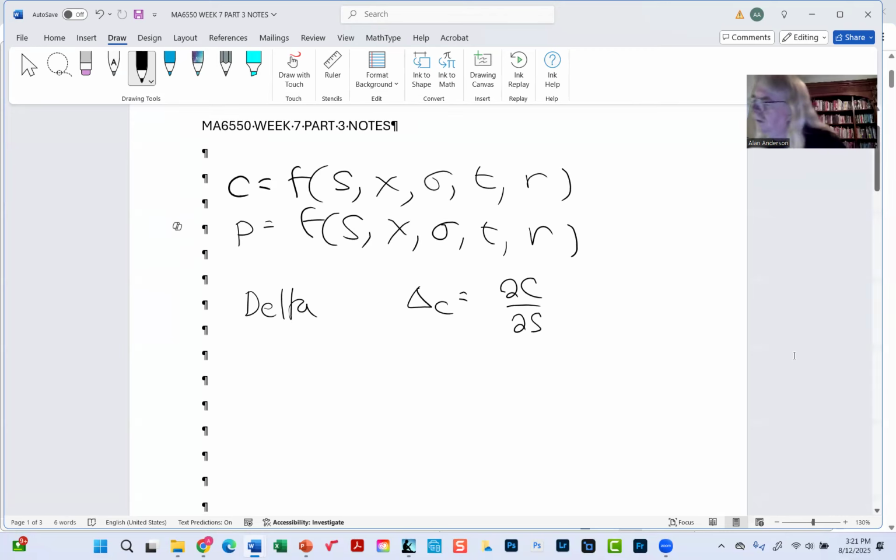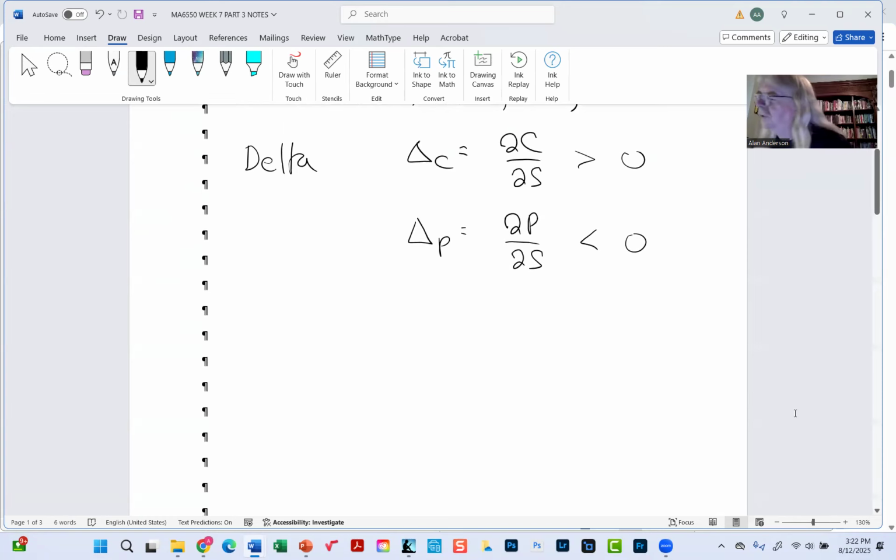And then for the put, the one thing we do remember is that this one is strictly positive, this one is strictly negative, and they're tied to each other in the following way. Delta C, if we subtract one, that'll give us delta P.